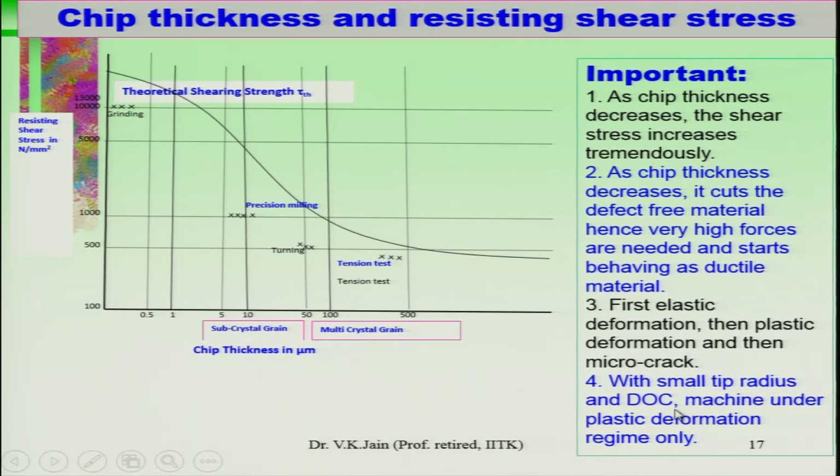With a small tip radius and depth of cut, you machine under the plastic deformation regime only. That is what I told you: if the chip thickness is smaller than the critical chip thickness, then you are machining the material in the ductile regime rather than as a brittle material. And that is why in diamond turning, mostly you are machining in the ductile regime rather than the brittle regime.